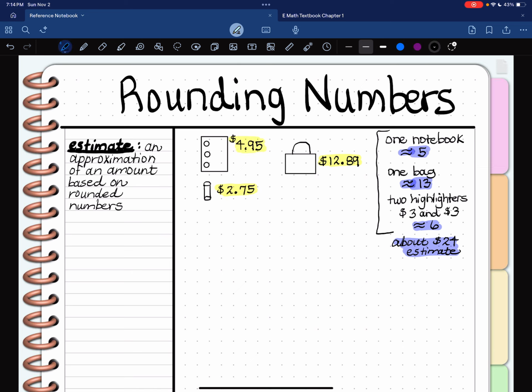So those are different values than an estimate. And I'm going to show you how to follow the rounding rule to get accurate estimates. But first you need to understand what an estimate represents. An estimate is an approximation of an amount based on rounded numbers.